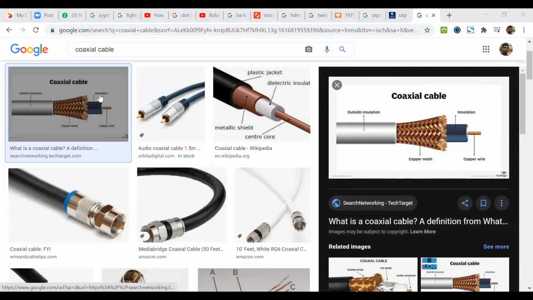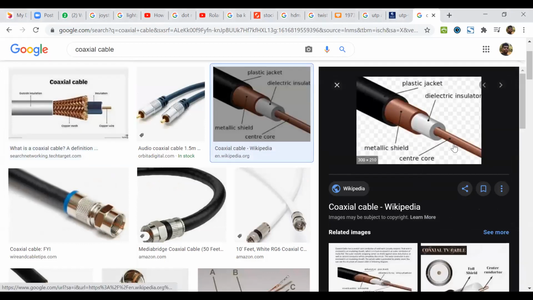Since the cable as well as the mesh are around the same axis, we call it coaxial cable.